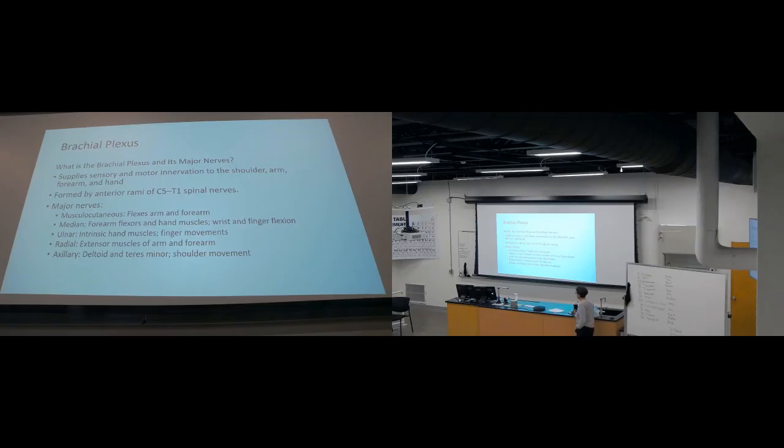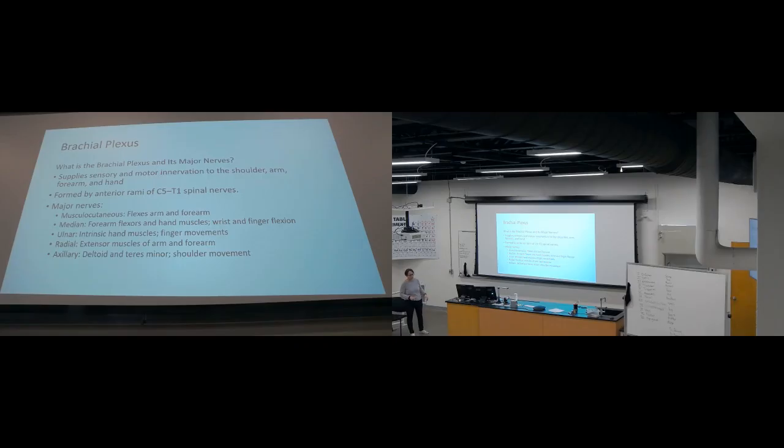Out of this brachial plexus, we have major nerves like the musculocutaneous, which helps us flex the arm and the forearm, and the median nerve, which helps us flex the forearm, the hand muscles, and also the wrist.